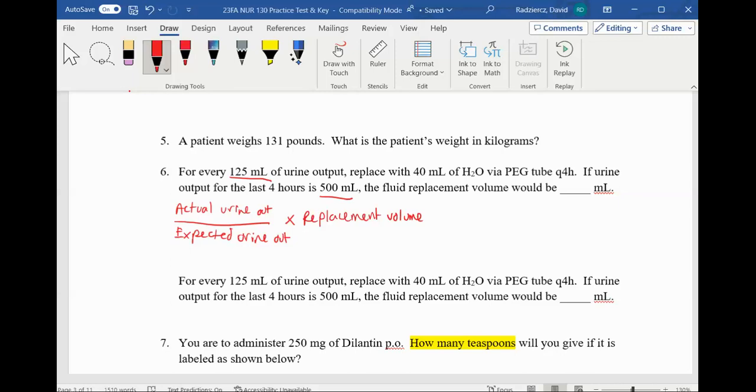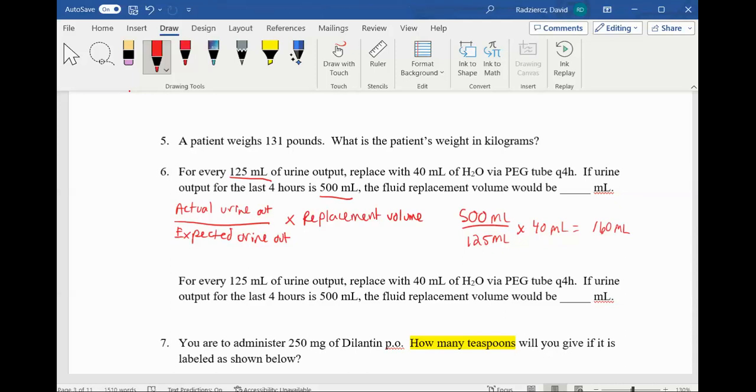Because they actually voided 500, and you're supposed to give them 40 for every 125 they lose. That's another way to wrap your head around a question like this. So if I'm solving this, I take 500 milliliters over 125 milliliters times my replacement volume, and I get 160 milliliters of replacement.